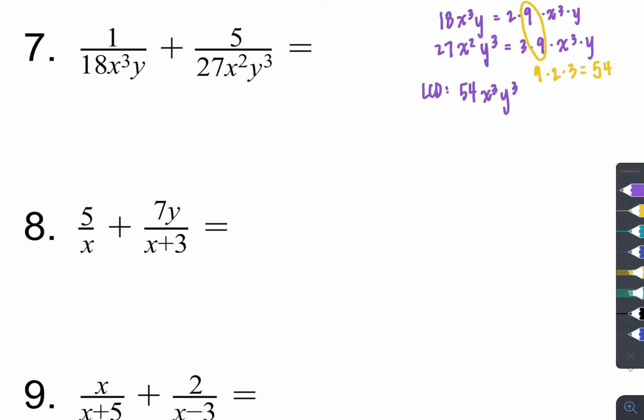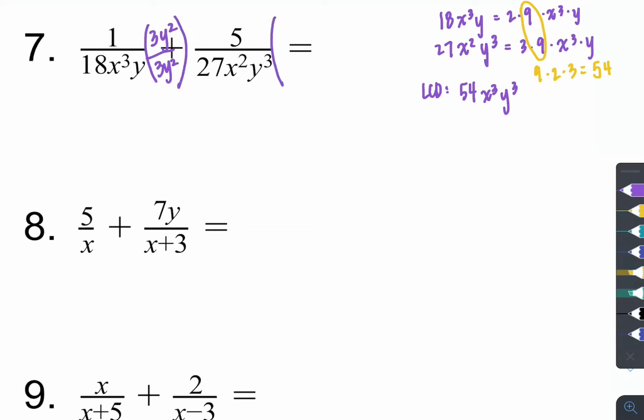So now I have to change these by multiplying them to get the least common denominator. So I'm going to multiply this one by what's left over. So I just need to multiply 18 by 3y squared over 3y squared, because that's the same thing as multiplying by 1.